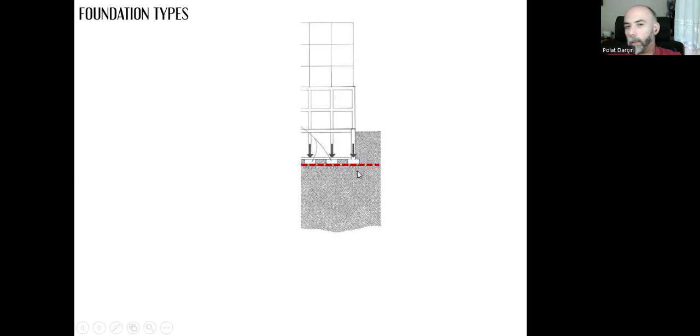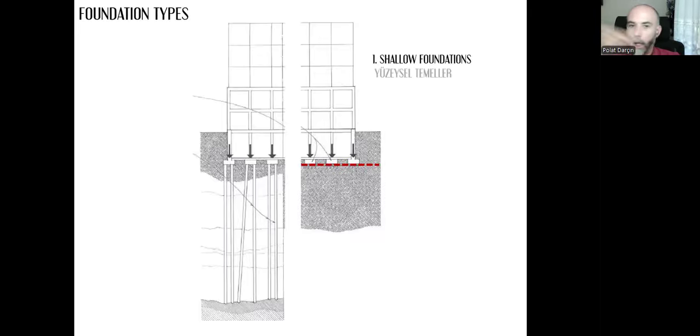And if we provide that, then we can dig down for our foundations based on the frost depth and to anchor the superstructure. And if it's close to the upper surface of the soil, then we call it shallow foundations, yüzeysel temeller.